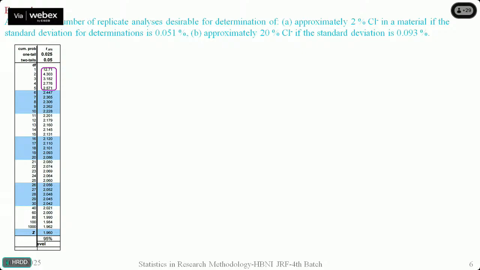In all these exercises, the idea is to convey how to read the T table, how to make meaningful conclusions, how to improve the quality in terms of precision and accuracy of your measurements. These are the ultimate targets for us. After having attended these classes, you will be able to interpret also.